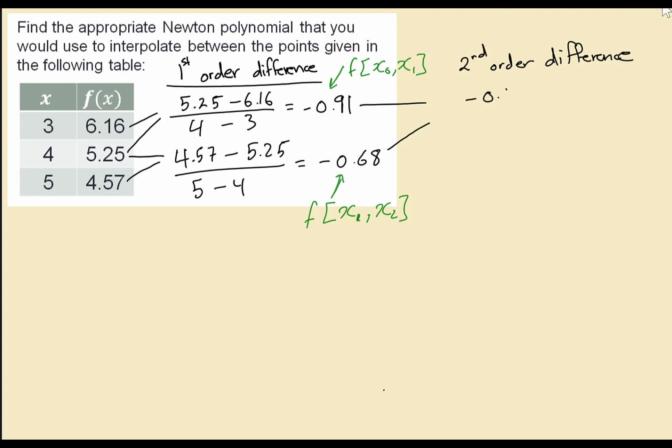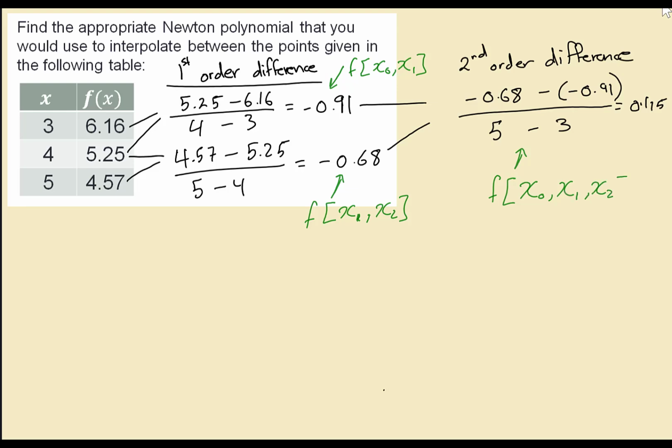Negative 0.68 minus negative 0.91 divided by 5 minus 3. And this will give us a value of 0.115. And this here is the same as f square brackets x naught, x1, x2.